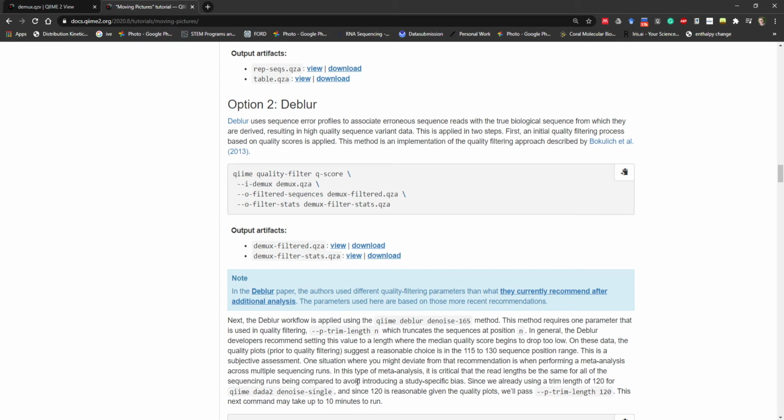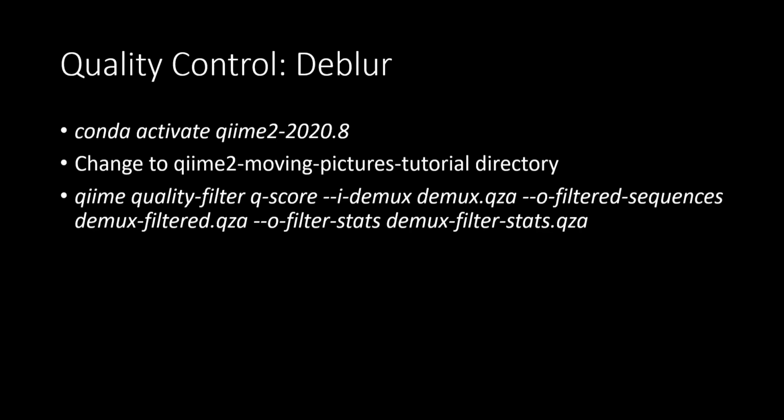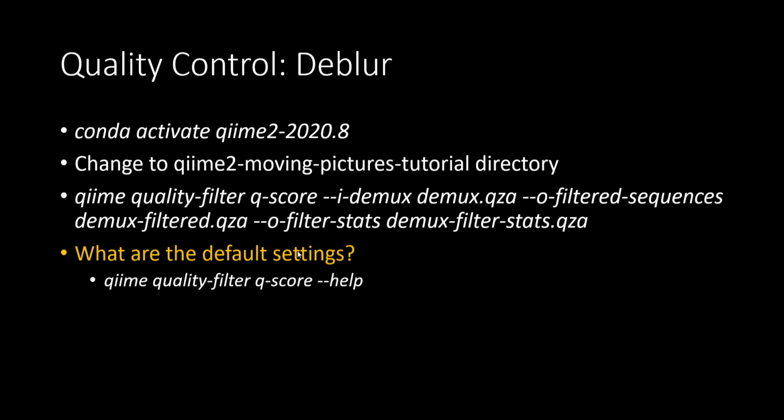You can just continue using the defaults. But you might be wondering, what are those default settings and how do I figure out what they are? To do that, you're just going to type in QIIME quality-filter q-score --help.